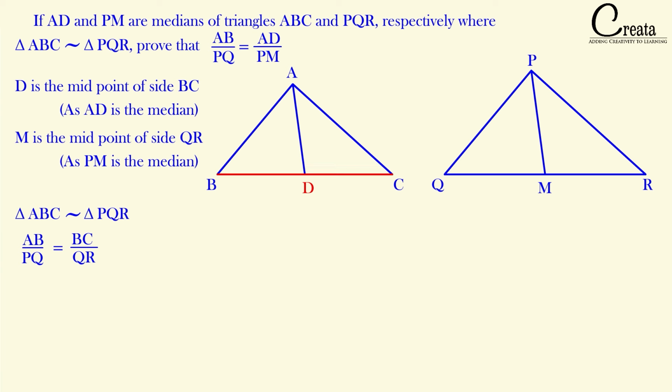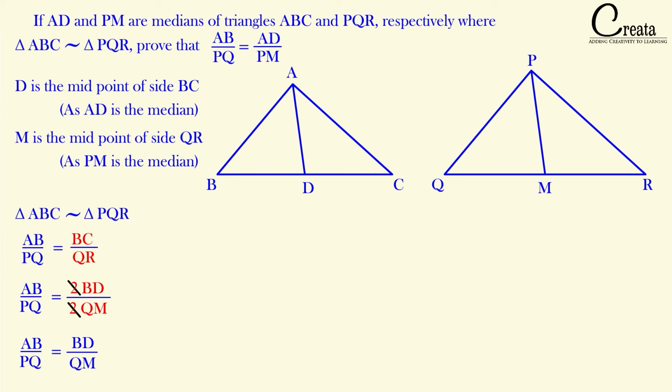So can we replace BC with twice BD? D is the midpoint of BC, so BC will be twice one of the line segments, that can be BD. So BC will be twice BD. Similarly, M is the midpoint of QR, so we can rewrite QR as twice QM, that is twice one part of the side QR. Here 2 and 2 will cancel out. We get our equation as AB upon PQ is equal to BD upon QM.